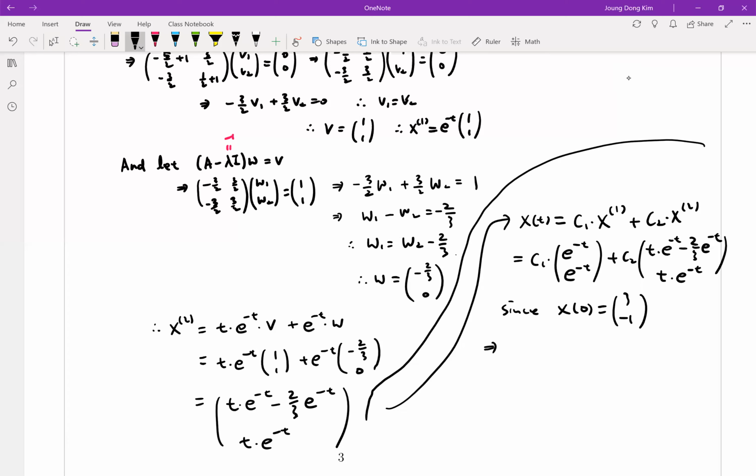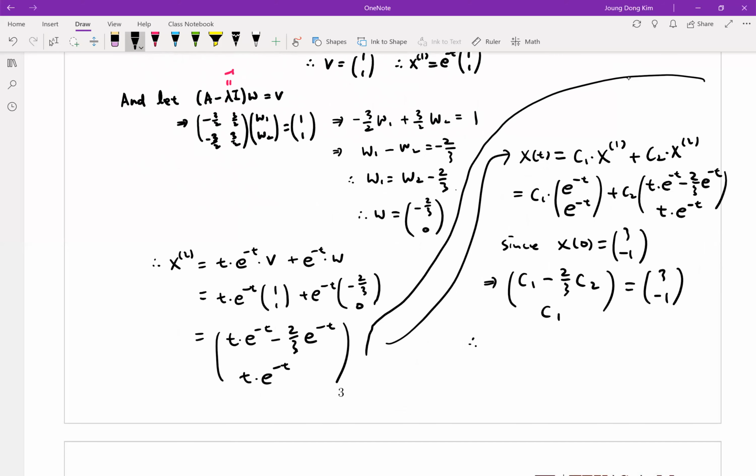Then it would be c1, and in the second part the t e to the minus t equals 0, minus 2/3 c2. In the second component, we have only c1, which must be equal to negative 1. So I can simply say c1 equals negative 1.